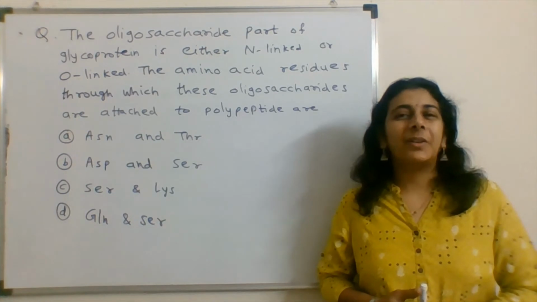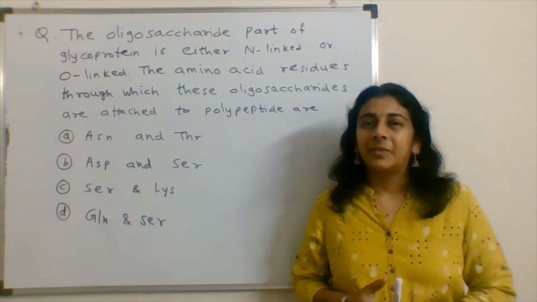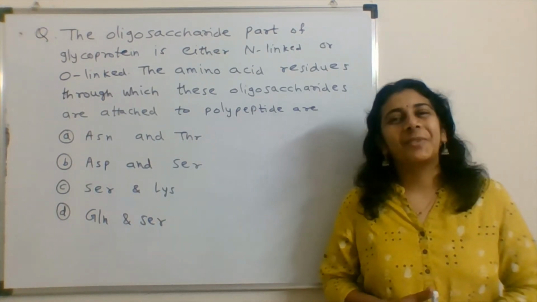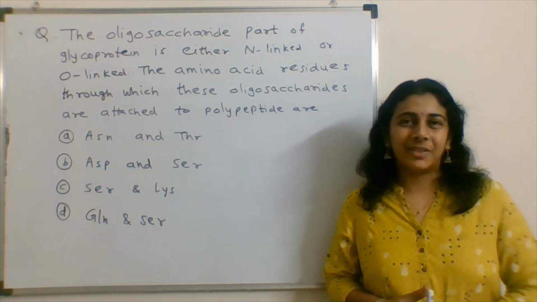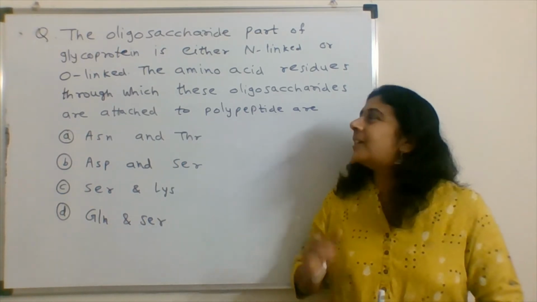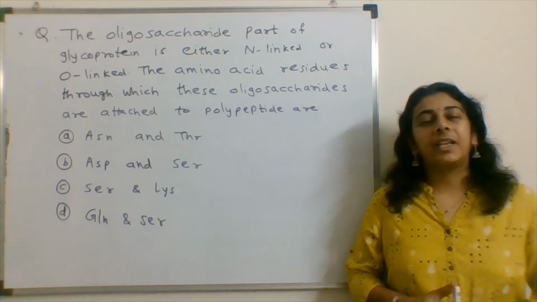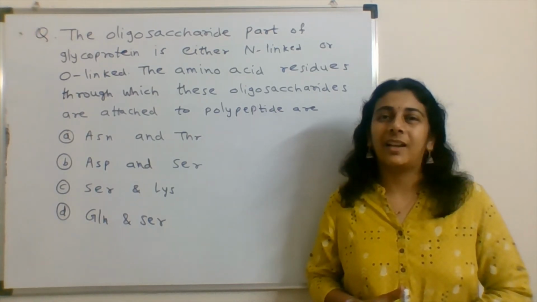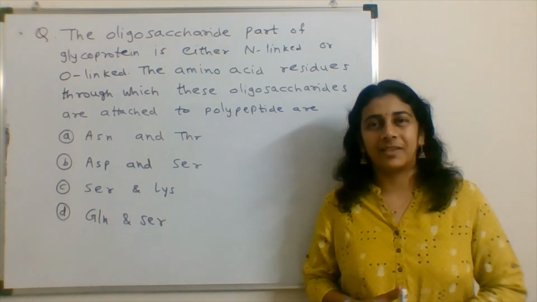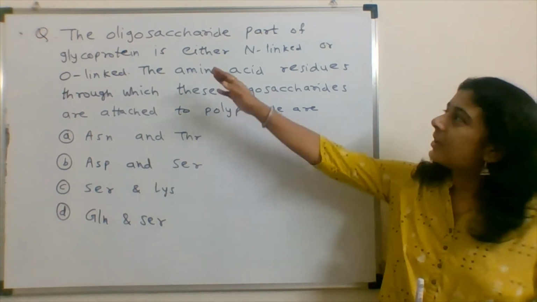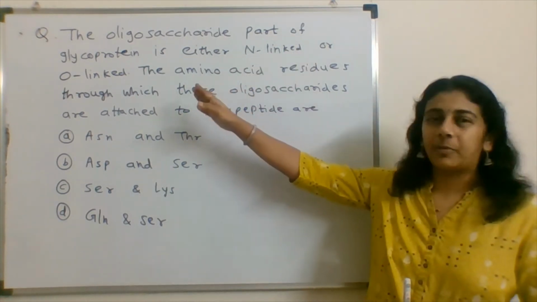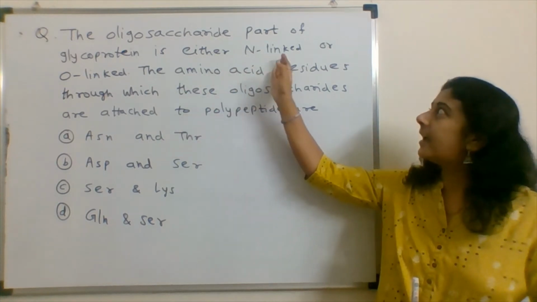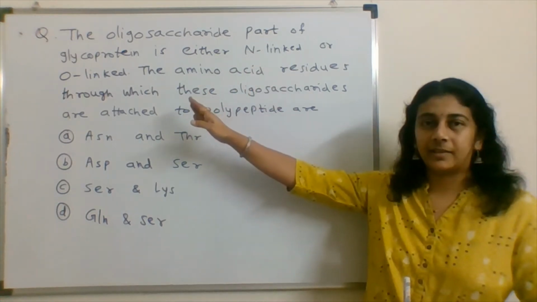Today we will solve one previous year question from IIT JAM Biotechnology examination. The question is about protein trafficking, about the O-linked glycosylation and N-linked glycosylation. The oligosaccharide part of glycoprotein is either N-linked or O-linked.